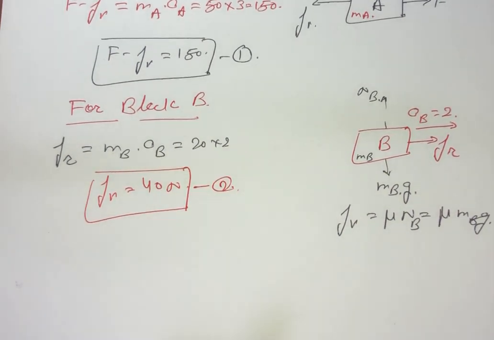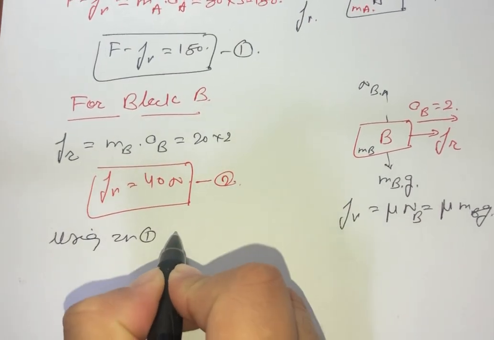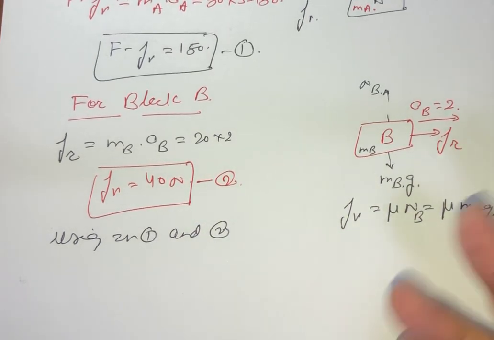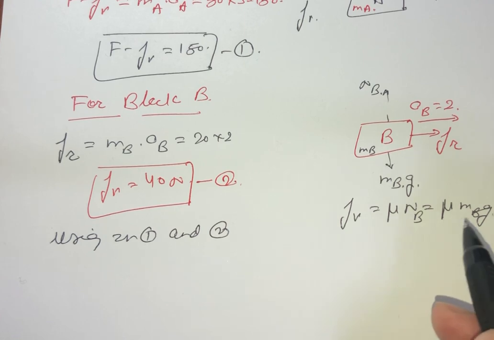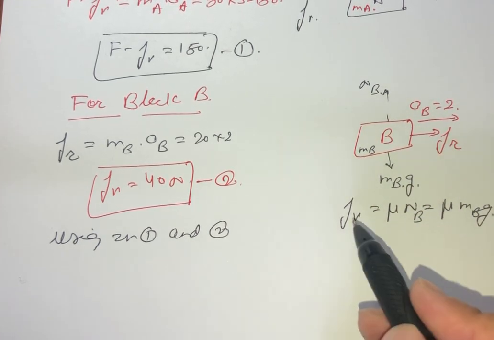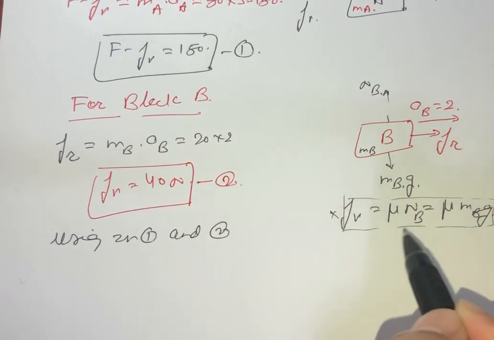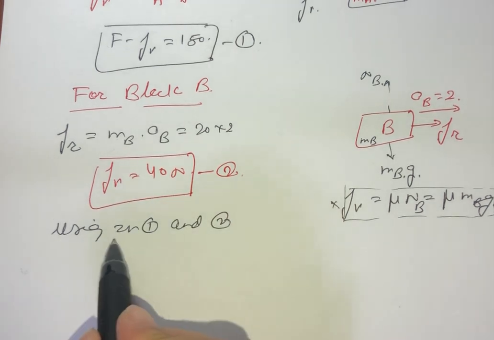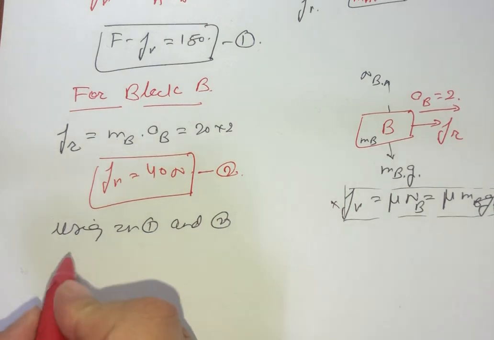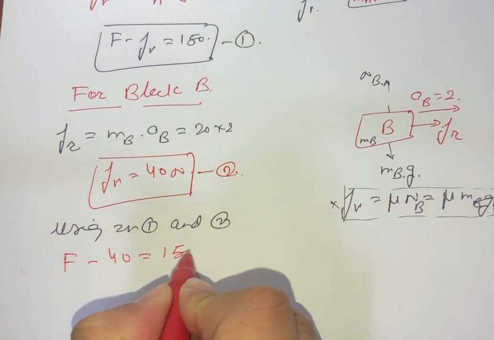Now using equation 1 and 2, anyways, this was not required. It is required only if we want to do some other calculations, but for this particular question, this is not required. So you can ignore this part. So using equation 1 and 2, we get F minus 40 is equal to 150.